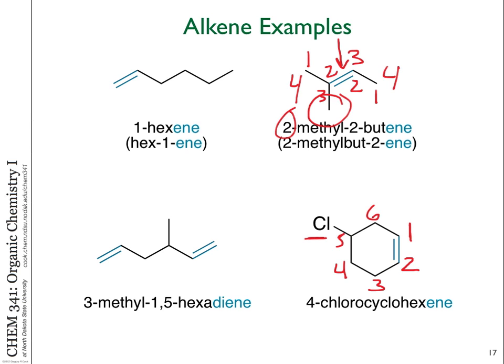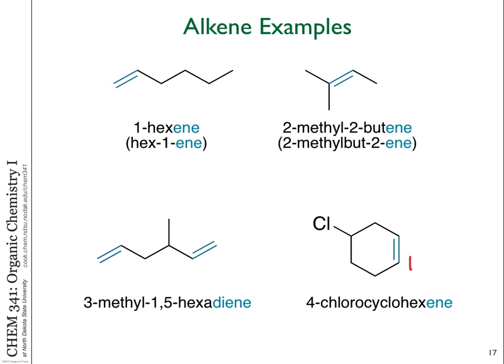That would give the alkene starting at 1, and since it's a ring, that has to be the 1 position, so it's not even listed in this name. But the chlorine would be in the 5 position, numbering it that way. We can get a lower number if we start numbering 1 here and number the other way around the ring. It's still 1-cyclohexene, but then the chlorine is now on a lower number.